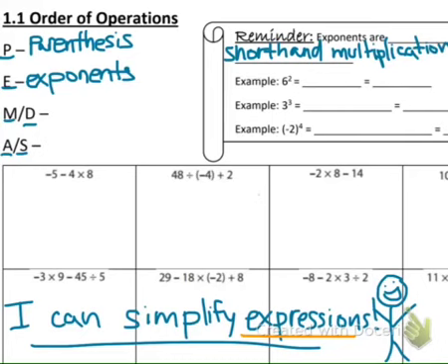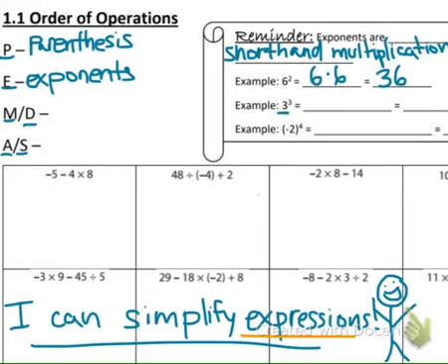Instead of writing 6 times 6, I could write 6 squared. That's what an exponent is. That 2 up there means squared or to the second power. So 6 to the second power is the same thing as writing 6 times 6, which we know is 36.